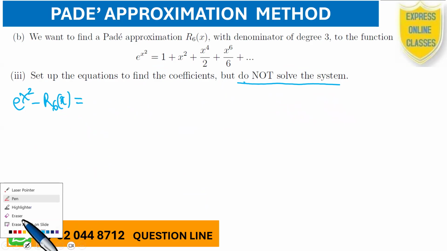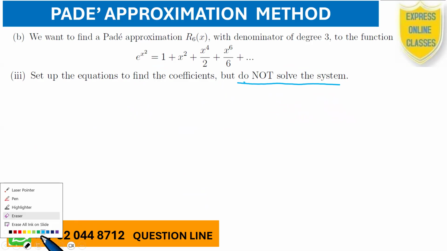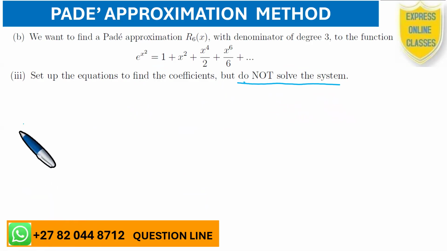Now we have to look at this here and realize that if we have e to the power x squared minus R6 of x, what exactly is this?